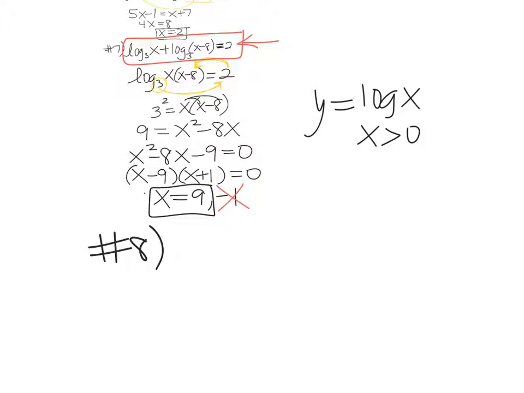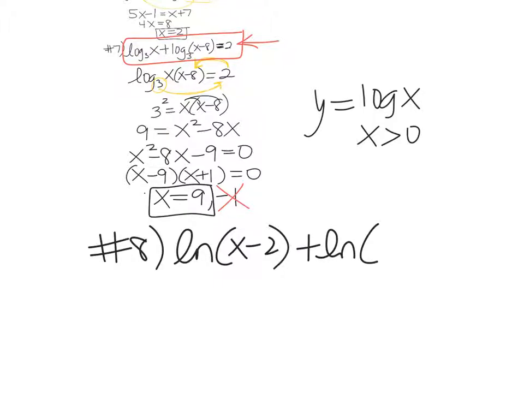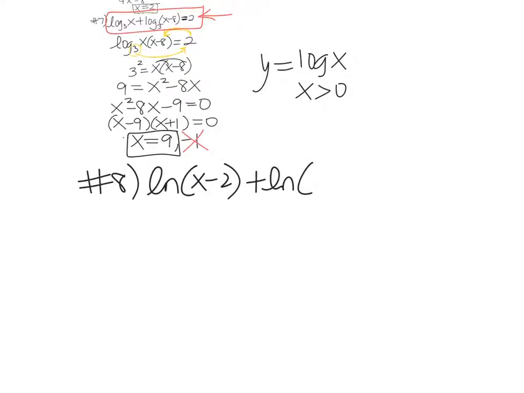One more. This one. Natural log of x minus 2 plus the natural log of 2x minus 3 equals 2 times the natural log of x. All right, so I've got natural logs on both sides. Let's go ahead and use our properties to get each of these looking a little bit better.